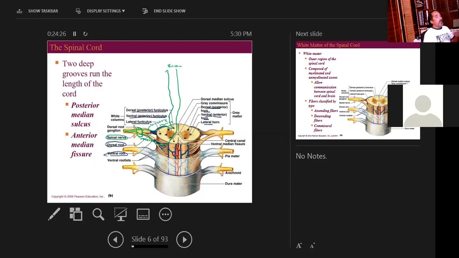So the question on the exam is: what is the part of the peripheral nervous system that has motor only? That's going to be the ventral roots of that part of the spinal cord. What has sensory only? That's going to be the dorsal root.